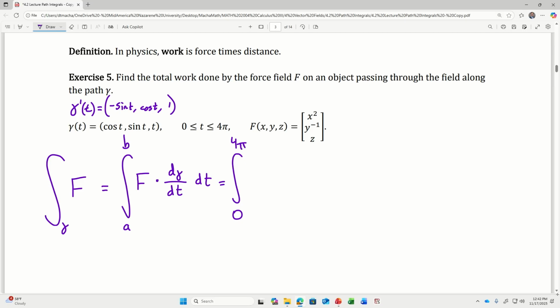And when I do this dot product, I'm thinking about the first entry in the vector field times the first entry in the derivative of the parametric curve, plus the second entry in the vector field times the second entry in the derivative of my parametric curve, plus the third entry in the vector field times the third entry in the derivative of my parametric curve, so that's z times 1.